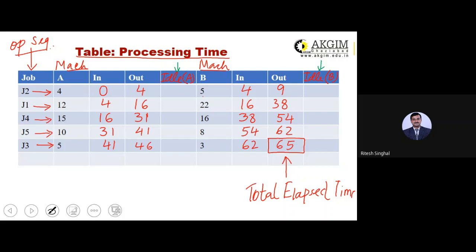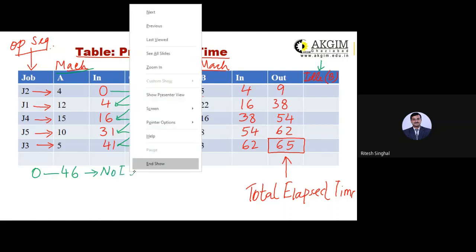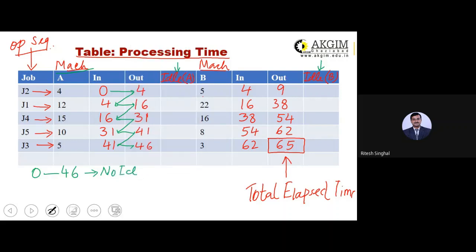So see, on machine A, you start at 0, then 4, completed 16, 31, 41, 46. From 0 to 46, there is no idle time.